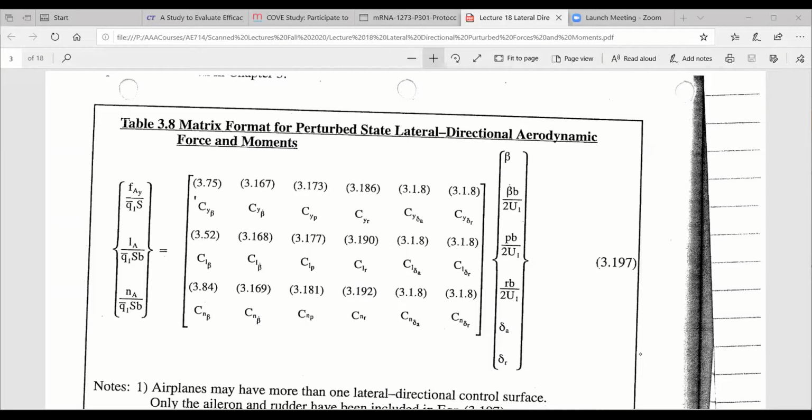You're not there yet. On the screen is the lateral directional force and moment model that we're going to be working with.